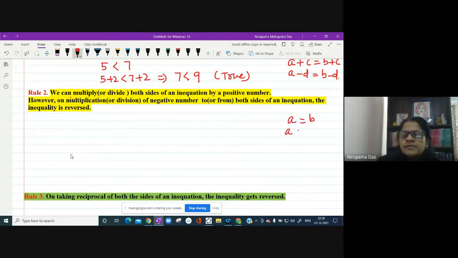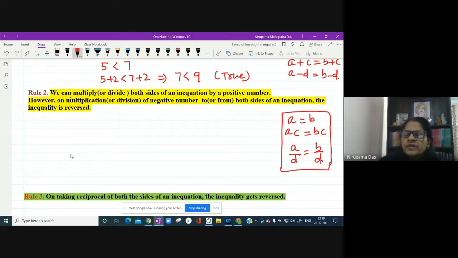If I write ac equal to bc, or a by d equal to b by d, we do not have any restriction here. C and d can be positive or negative numbers.